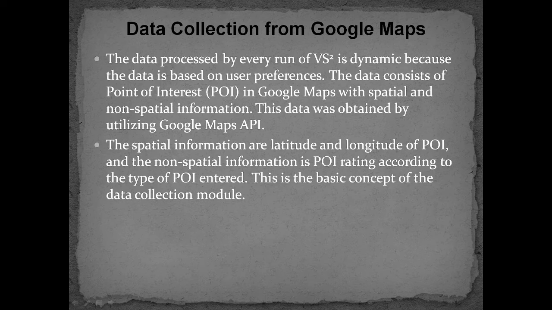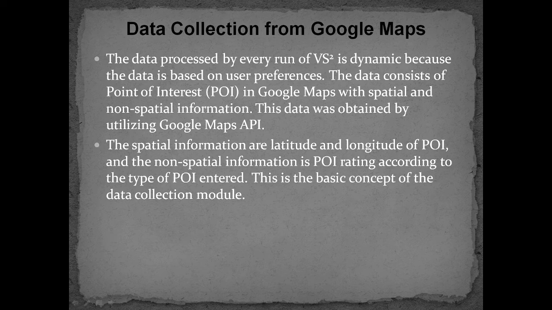Data collection from Google Maps. The data processed by every run of VS2 is dynamic because the data is based on user preference. The data consists of points of interest in Google Maps with spatial and non-spatial information.